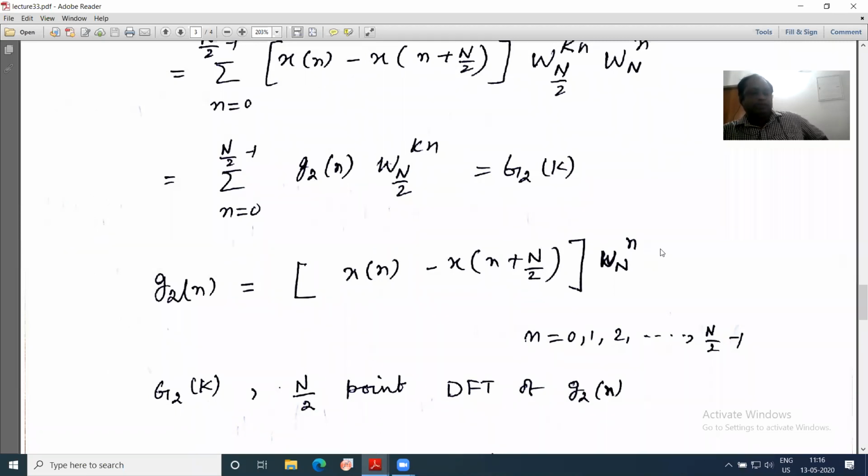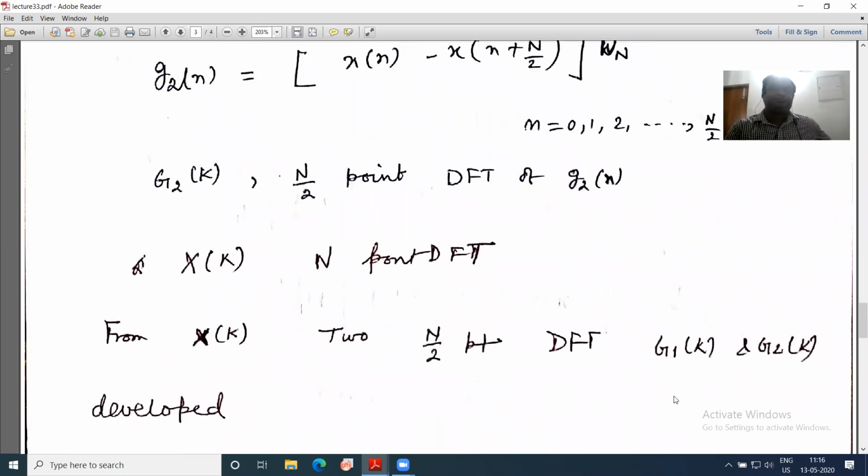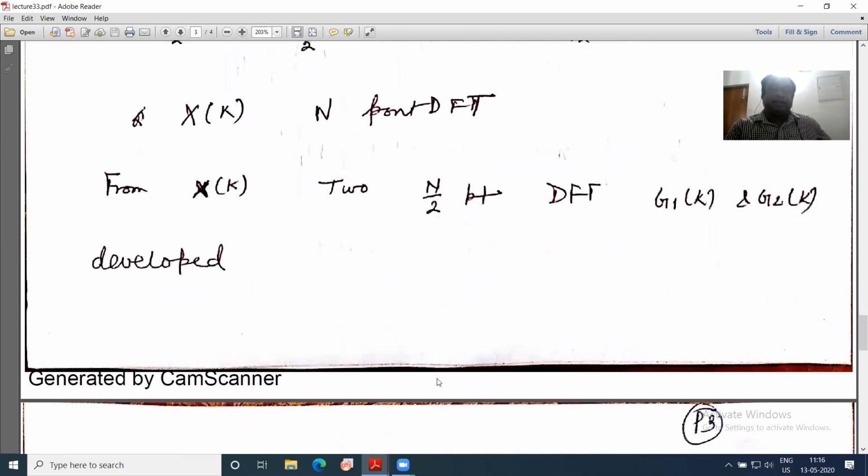This is the difference between g1 of n and g2 of n. More importantly, they are now n by 2 point sequences instead of n points. X of n is n points. So g2 of k is the n by 2 point dft of g2 of n. Now let me summarize this.